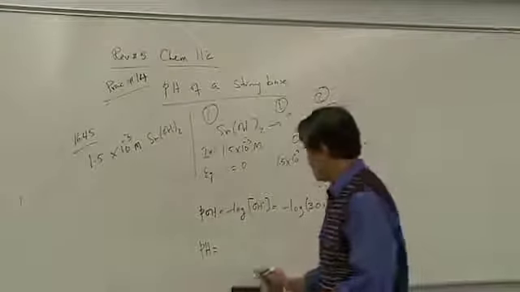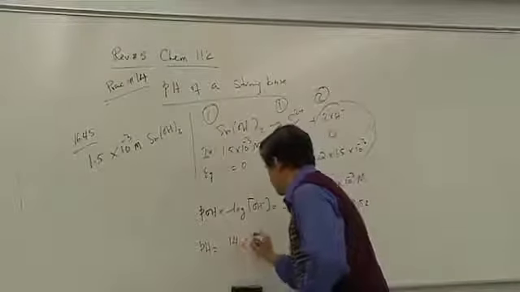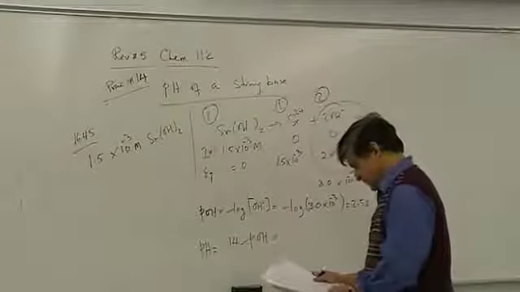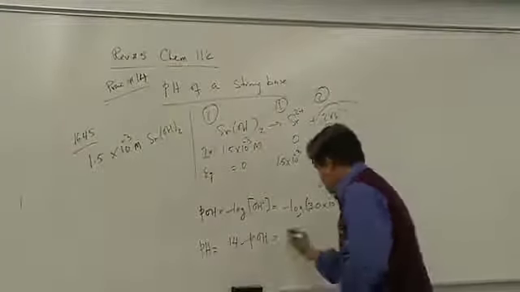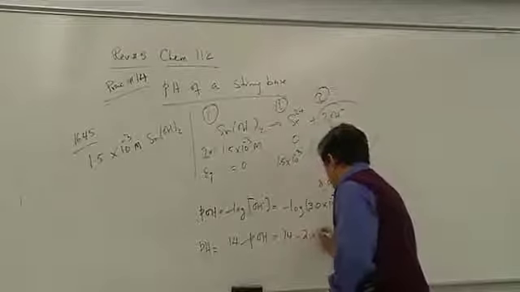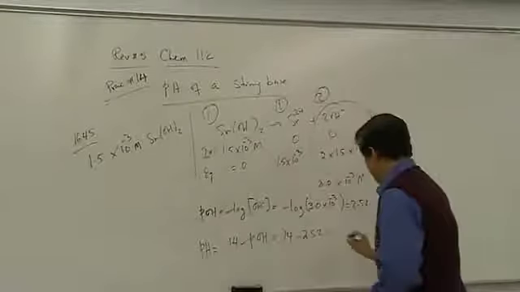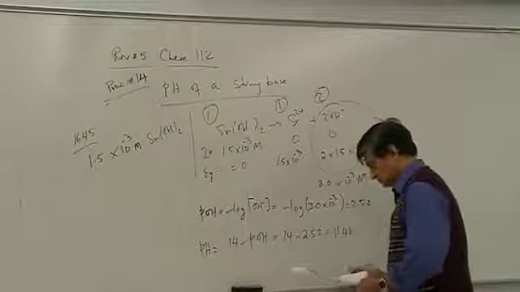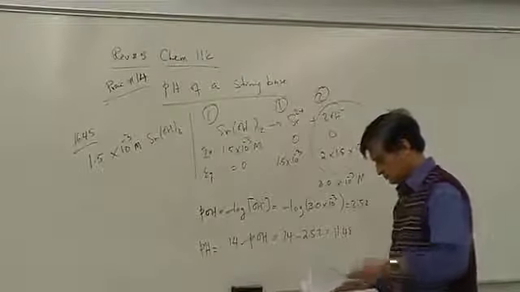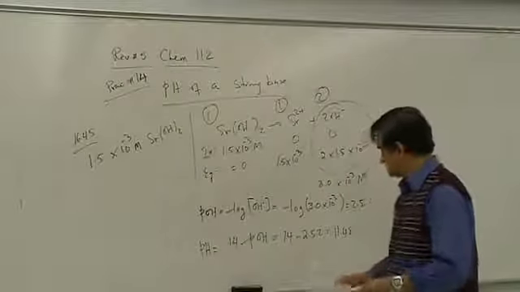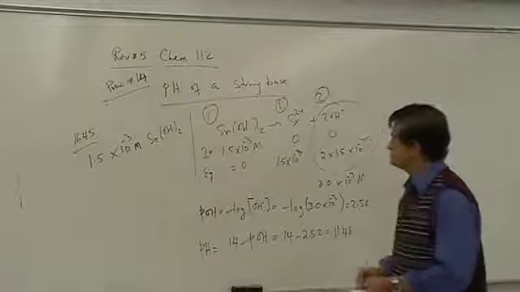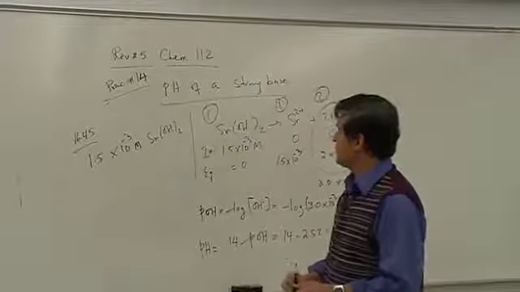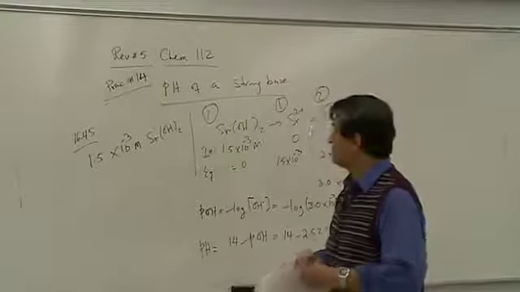So pH is going to be 14 minus pOH. That's the value we already got. And 14 minus 2.52 gives 11.48. So this will be the end of our segment 1 for review 5.